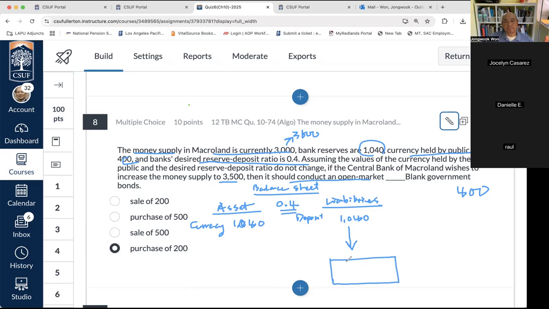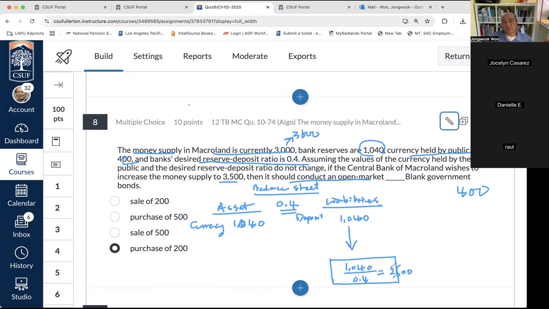It is 1,040 divided by 0.4. So how much is this? 1,040 divided by 0.4? It's 2,600, right? Okay, 2,600.